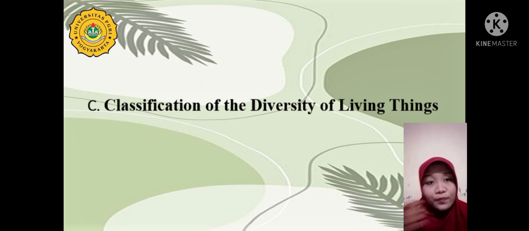Number 2. Kinds of classifications of living things. A. Artificial classification system. This system is arranged using characteristics that are in accordance with human will or other characteristics.